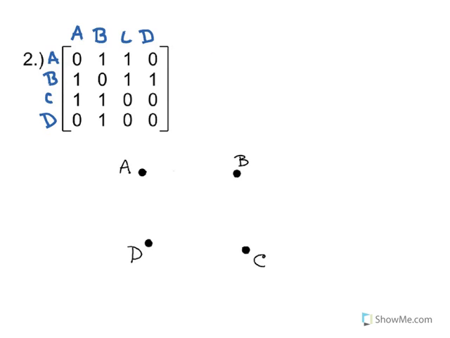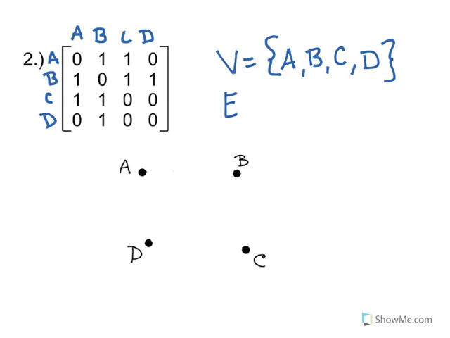So if we wanted to go through and list, the vertices here are ABCD, as shown in my graph below. The edges are, all right, there's a connection between A and B, so we're going to have AB or BA. So that takes care of this and this.